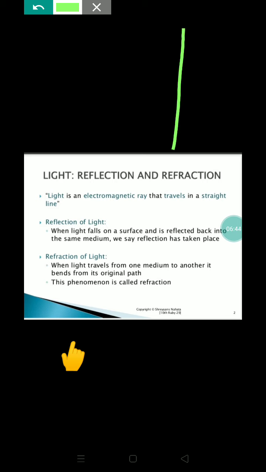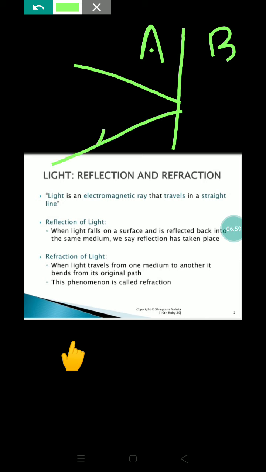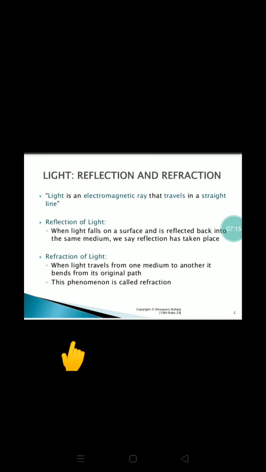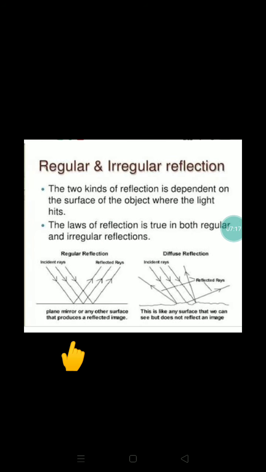Let us consider, this is medium A and this is medium B. The light from the medium A travels and strikes that object, and it will move back to the same medium A. This phenomenon of moving back or bouncing back of the light into the same medium is called reflection of light.